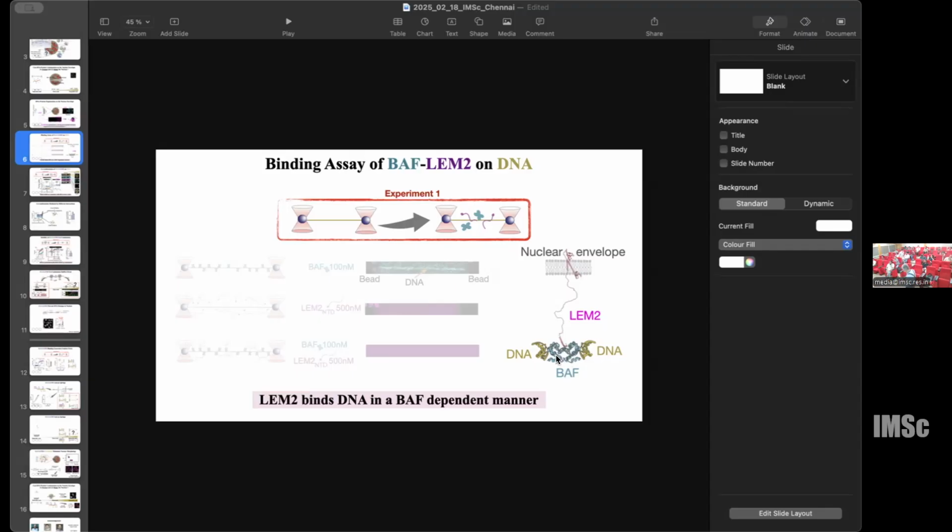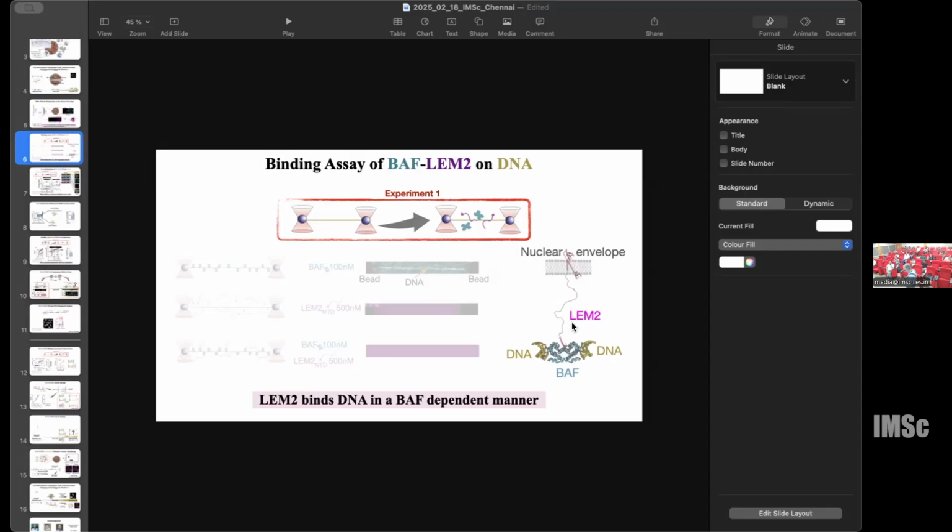You are showing experiment and imaging data, but working with a BAF mutant which has weaker binding to LEM could directly tell you exactly what is happening.